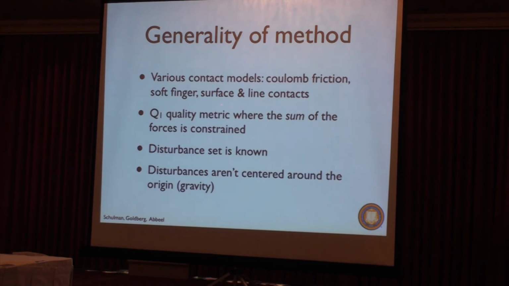The method also works on the Q1 quality metric where you're constraining the sum of forces at the contacts. And you can also use the method on a more general problem where you know a set of disturbances that are going to occur during your task, and you want to resist these disturbances with as little force at the contacts as possible. The disturbances may include a constant component like gravity.